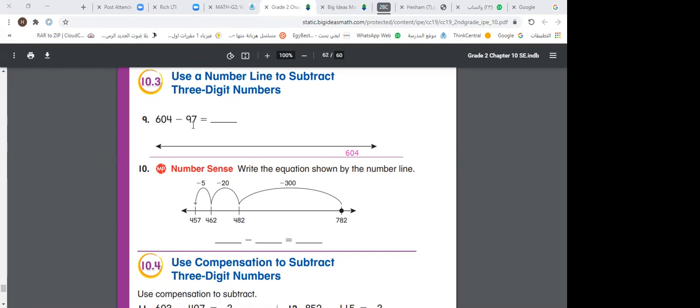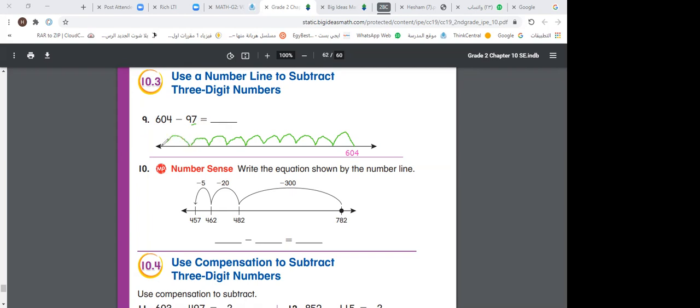Now let's subtract 97. How many steps back by 10? 9 tens and 7 ones. Here no hundreds, grade 2. So no steps by 100, but we have 9 steps by 10. So let's take 9 steps back by 10. 1, 2, 3, 4, 5, 6, 7, 8, 9. And 7 ones. You can make 7 steps by 1, or you can make it in 1 step.